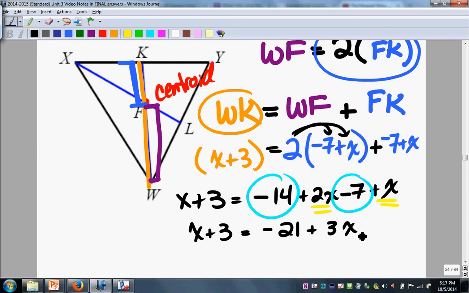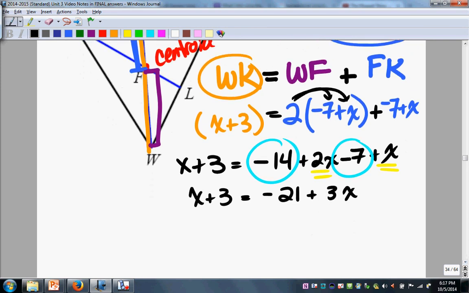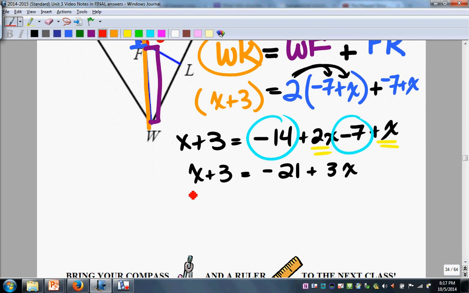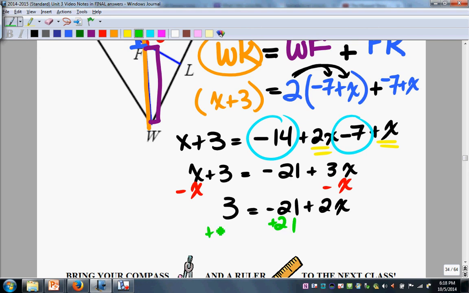Our goal is to get X on one side and our numbers on the other. So I'm going to minus X. I end up with 3 equals -21, that's going to be plus 2X. Add 21. I end up with 24 equals 2X. Divide by 2. I get X equals 12.